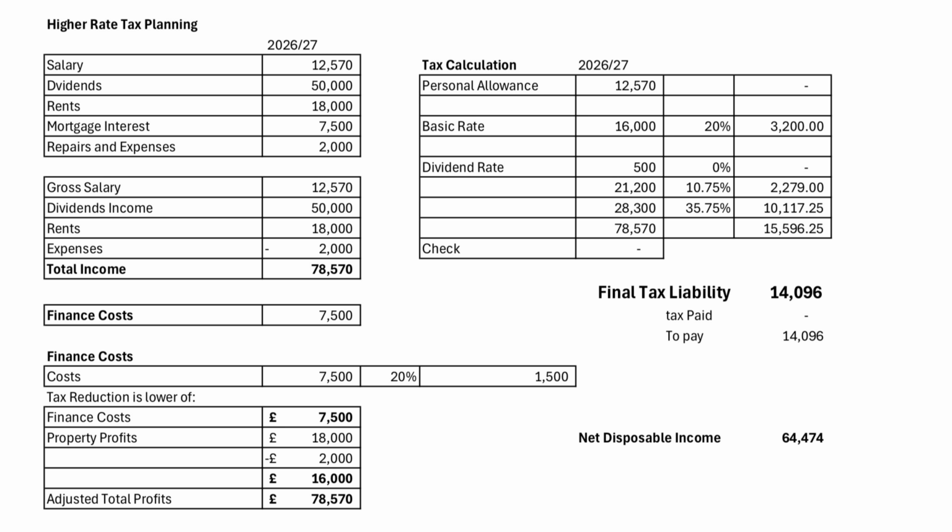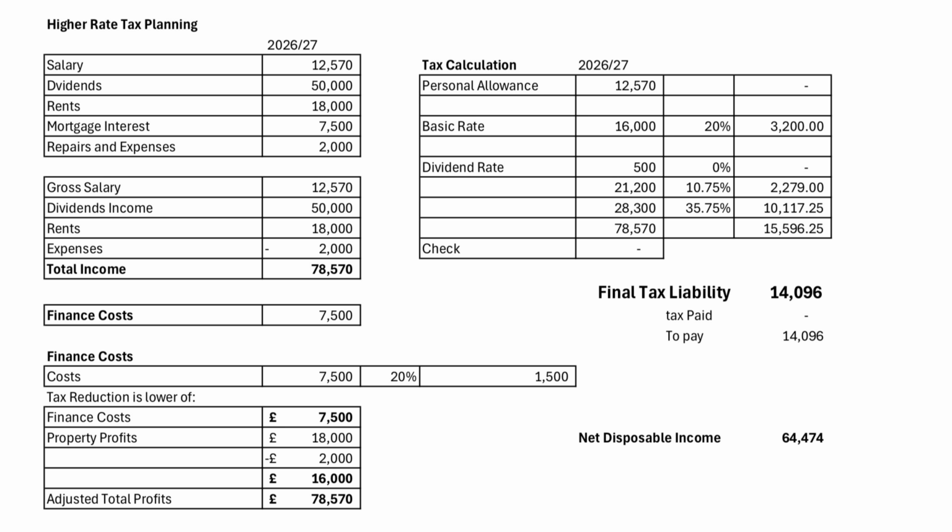Now, as you do increase, the bit that you need to be aware of, having gone from the basic rate tax band up to the high rate tax band and going from 10.75% dividend tax to 35.75% dividend tax, the next threshold that we need to be aware of is the 100,000 mark, because at the 100,000 mark, we start to lose our personal allowance.